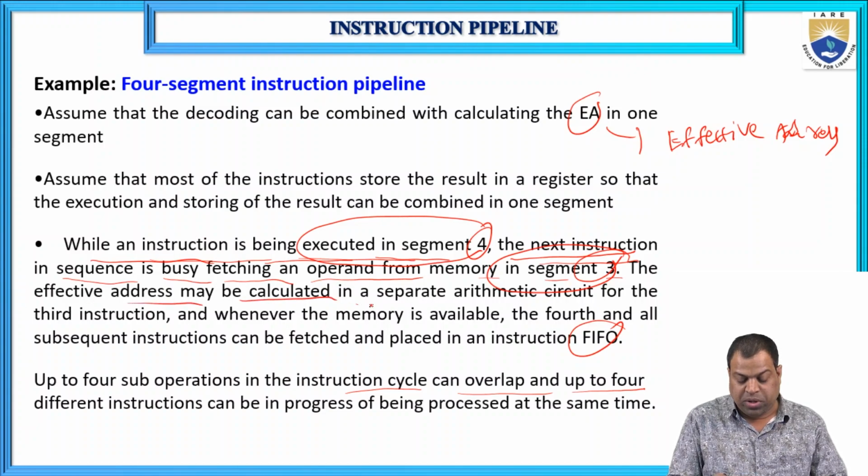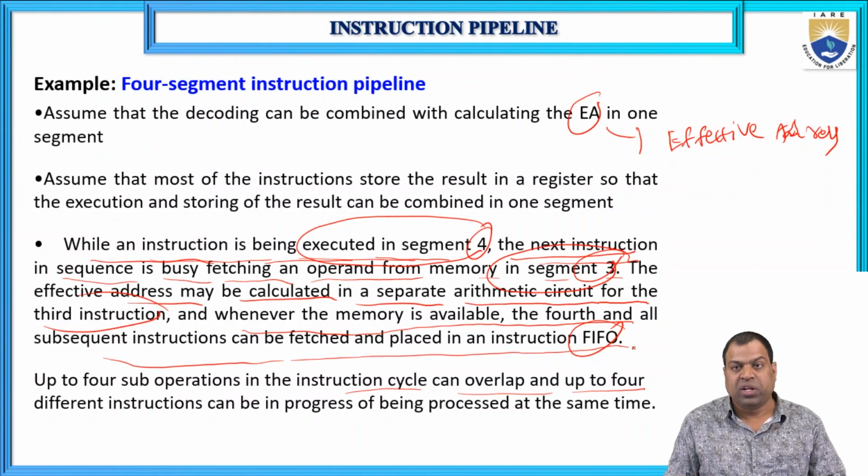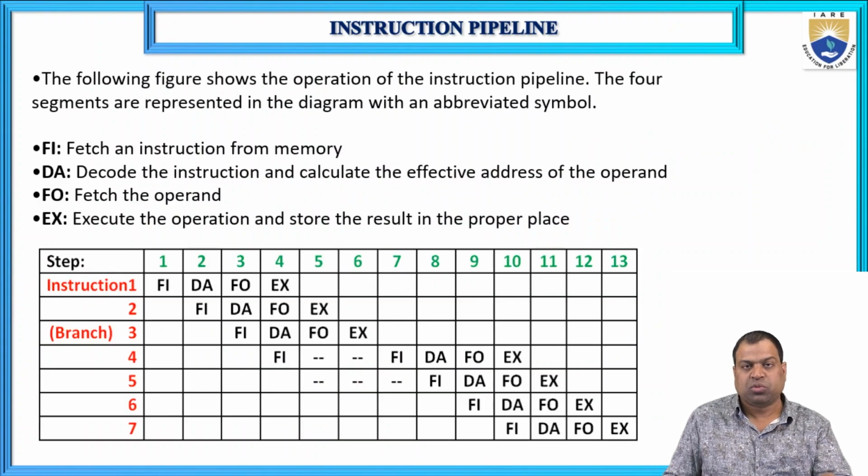The effective address may be calculated in a separate arithmetic circuit for the third instruction. Whenever the memory is available, the fourth and subsequent instructions can be fetched and placed in an instruction FIFO, first in first out process. So fetching, decoding, executing can all overlap, and up to 4 different instructions can be processed at the same time.